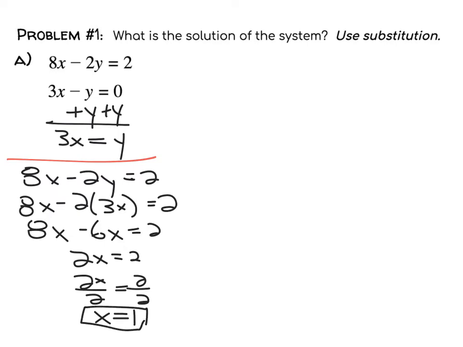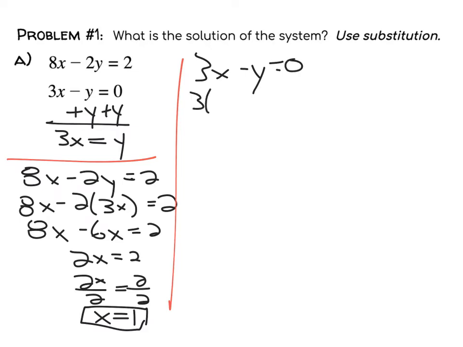Okay? And we will then be able to use that to solve for y. So we can take either equation. Let's take 3x minus y equals 0, it says. Oops. Sorry, I just want to make this a little bit neater.